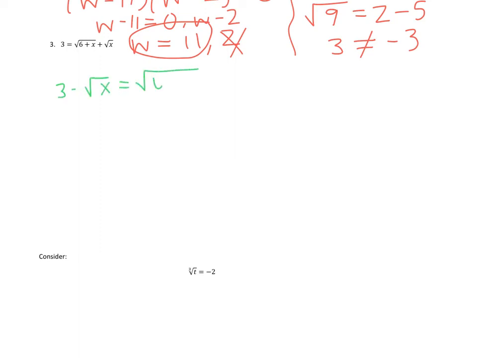And then I'm going to square both sides. Okay. And then, let's see. Well, we still have that square root of x. Let's isolate it.